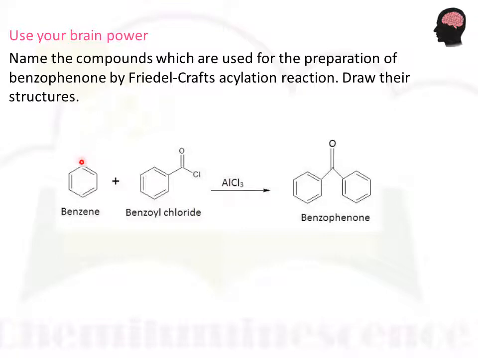In this reaction, a hydrogen of the benzene ring gets replaced by this benzoyl group and forms benzophenone. The hydrogen which gets replaced combines with chloride and forms HCl as a side product. So the compounds used for the preparation of benzophenone are benzene and benzoyl chloride.